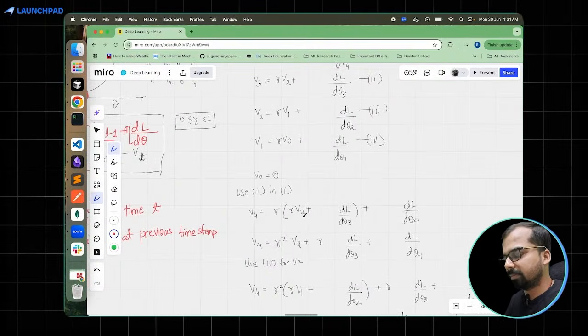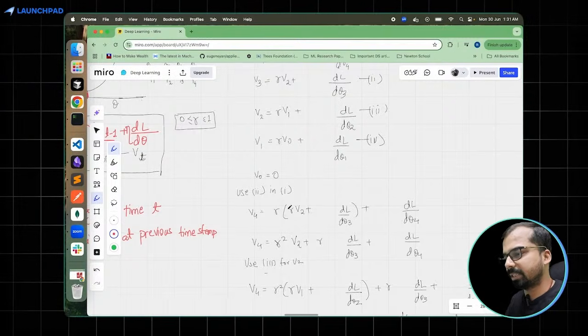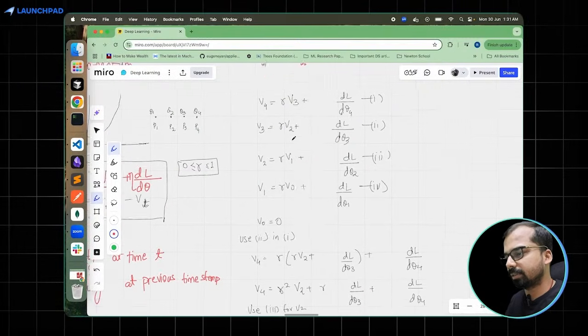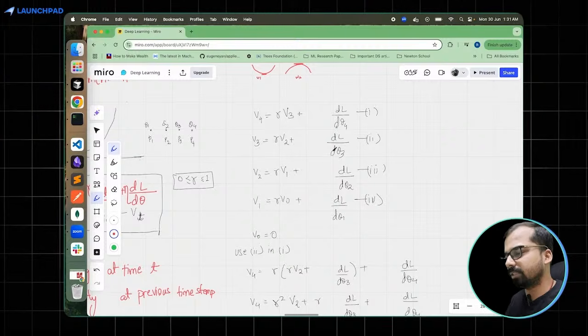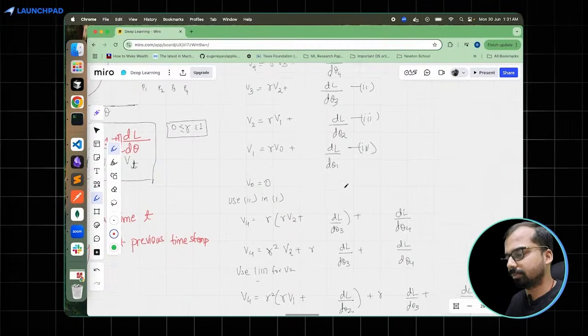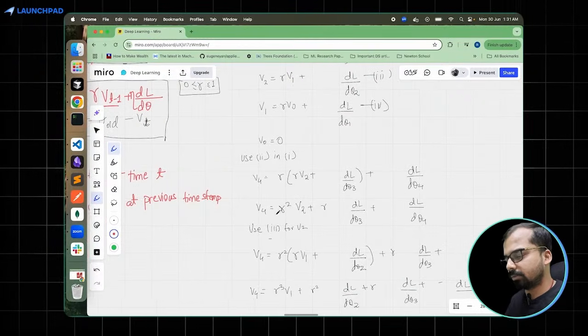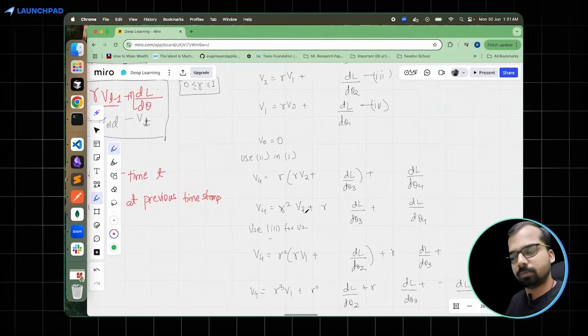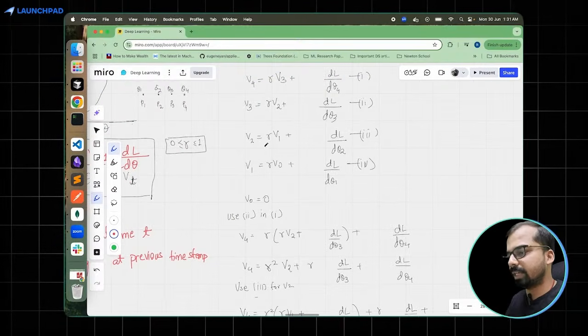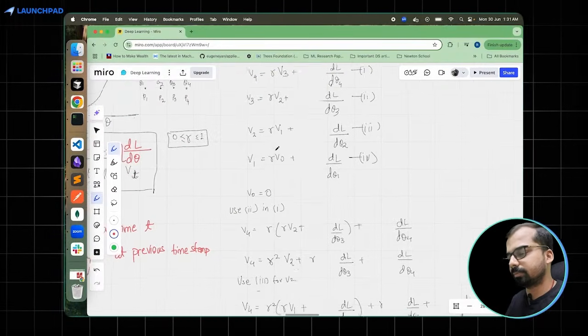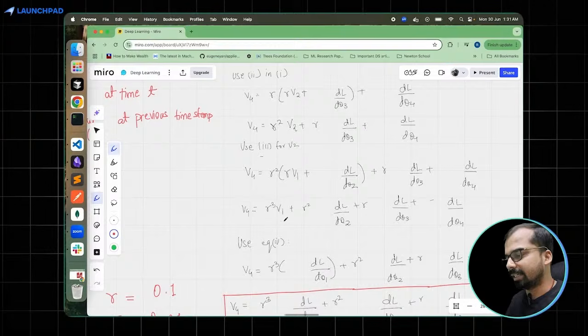So V4 will be equal to this. So I have basically replaced V3's value with this value from equation 2, and I get something like this. So now I have got V4 and V2. So now V2's value I am getting from equation 3, and I get this value.